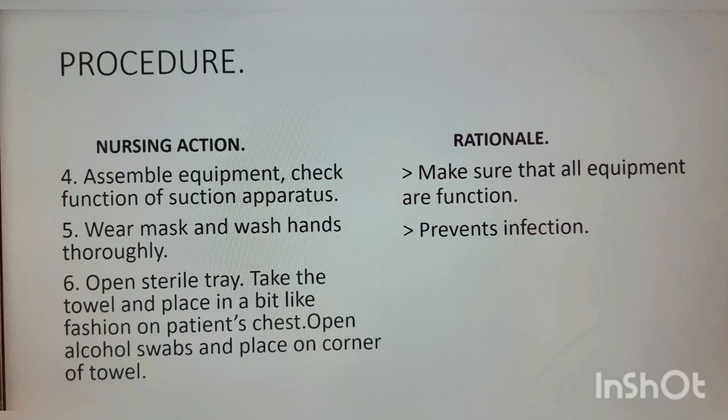Next, wear a mask and wash hands thoroughly in order to prevent infection. Next, open a sterile tray, take the towel and place it in a bib-like fashion on the patient's chest. Open an alcohol swab and place it on the corner of the towel.